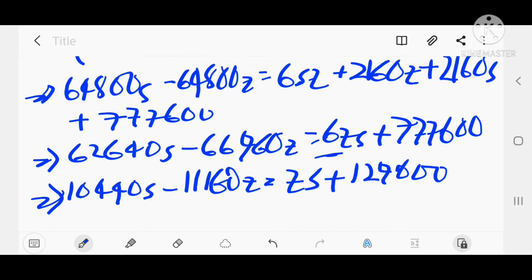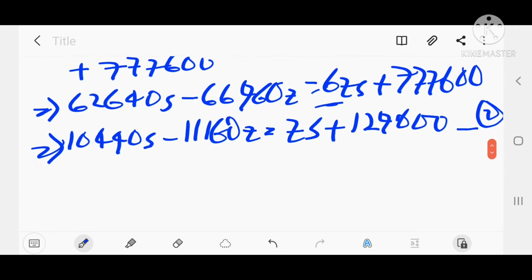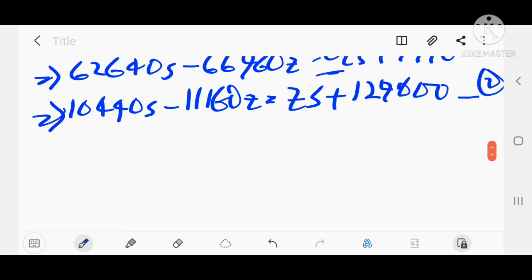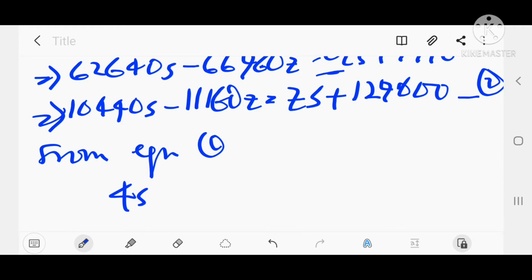So this will be our equation. We make this equation 2. Do not forget, from equation 1 we got 4s minus 5z equals 360.